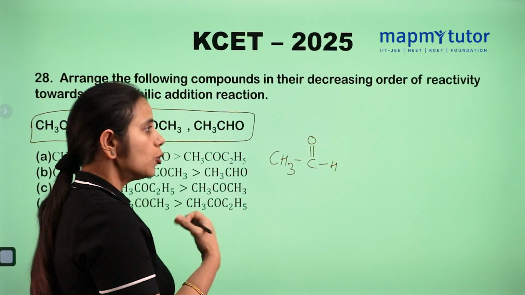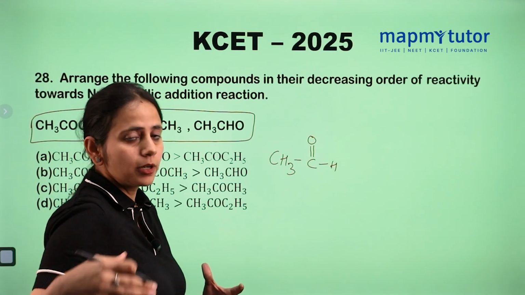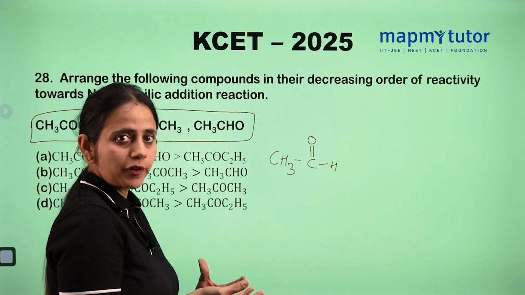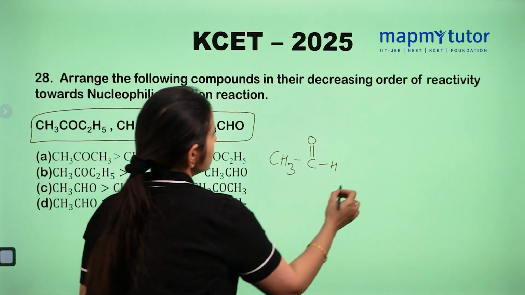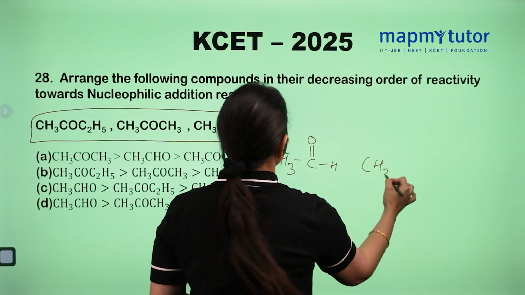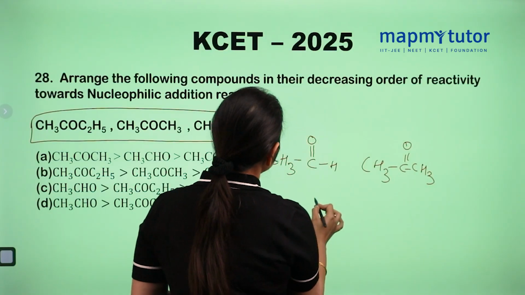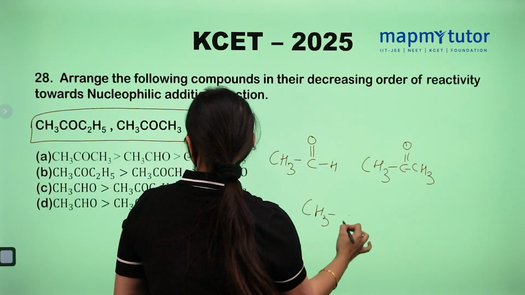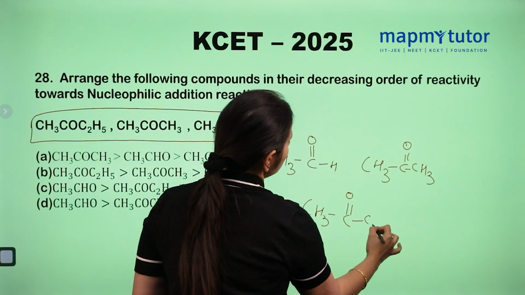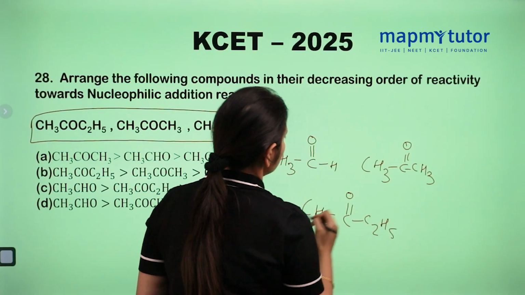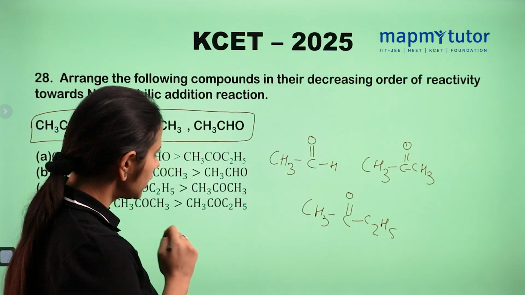The more electron deficient the compound is, the more is the reactivity of a nucleophile on it. We have 3 options: CH3CHO, CH3COCH3 and CH3COC2H5. We have to arrange these.